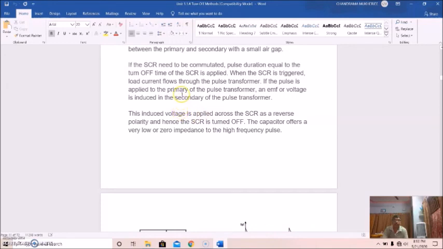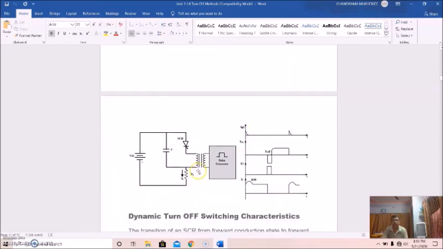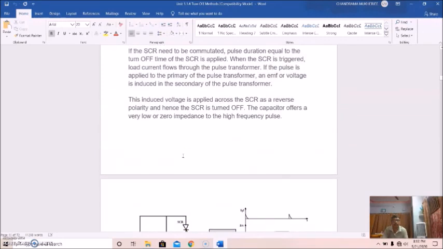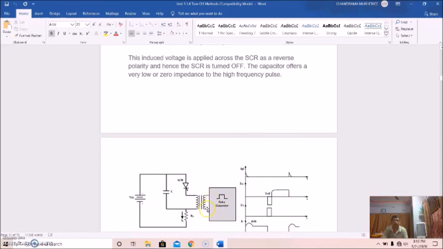If the pulse is applied to the primary of the pulse transformer, an EMF or voltage is induced in the secondary of the pulse transformer. Definitely, here is the secondary, so if the pulse is applied here, a voltage will be induced here.